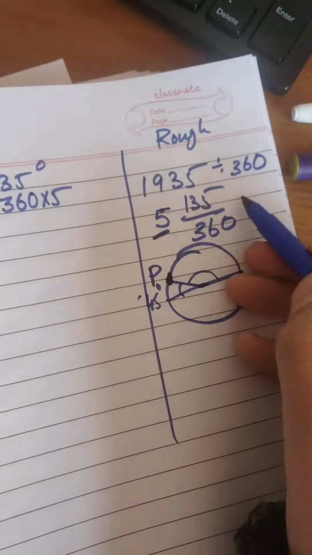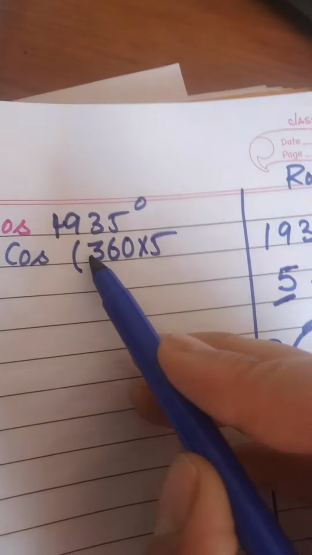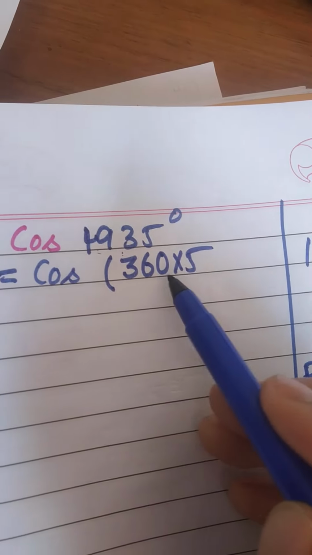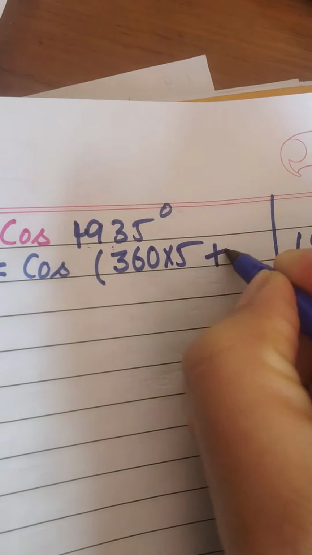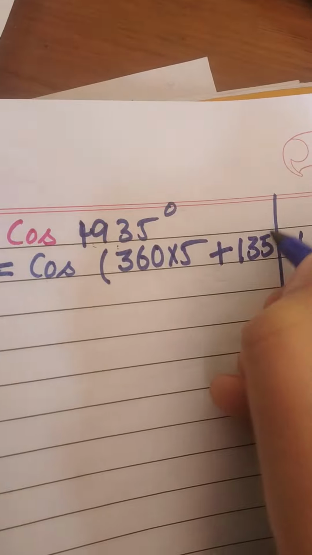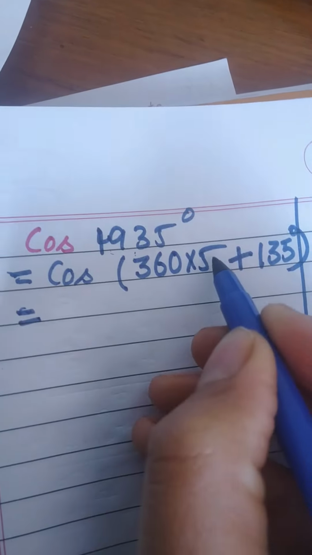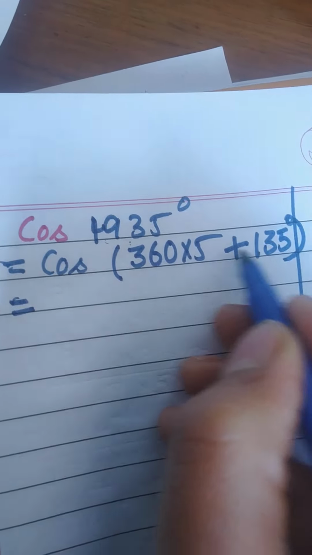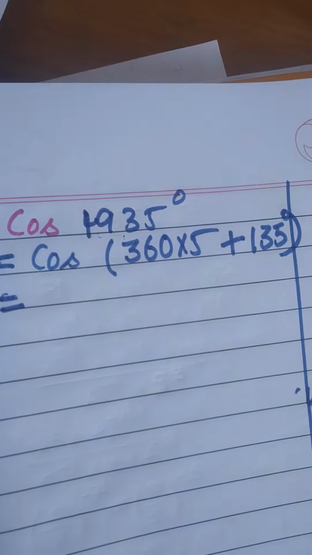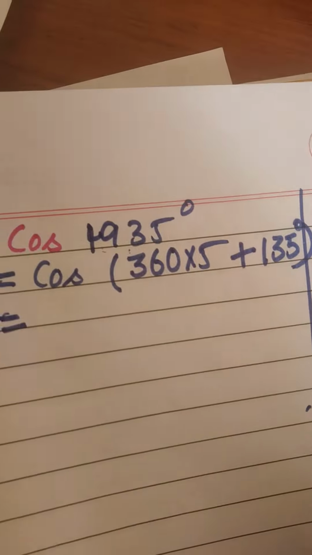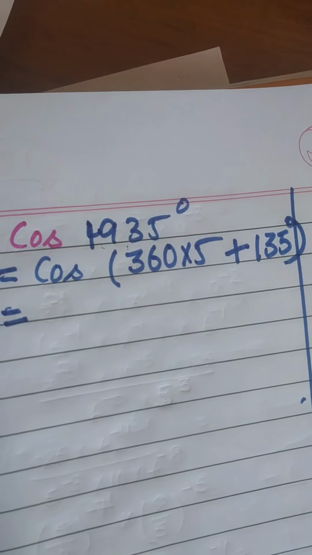That is our rough work, and from there we get to know that 1935 can be written as 360 into 5 plus 135 degrees. And what's your next step going to be? It's 5 full rounds, and this is 135. Here we got to know that we are in the second quadrant.